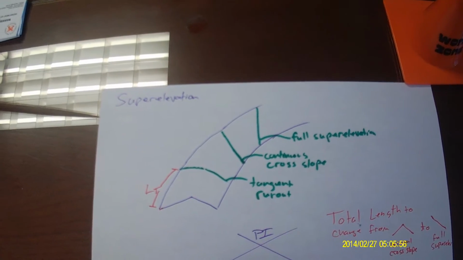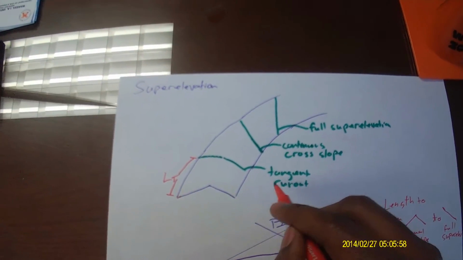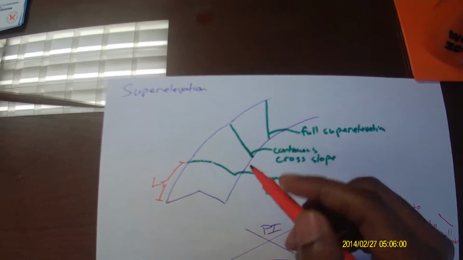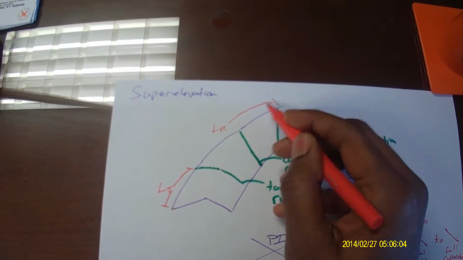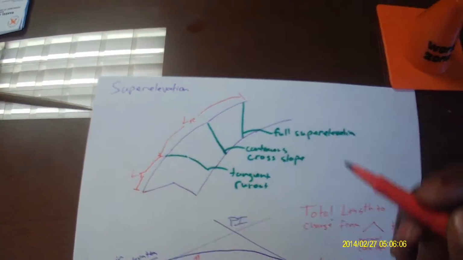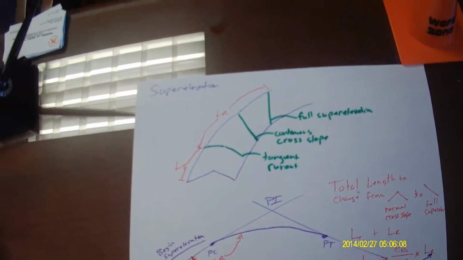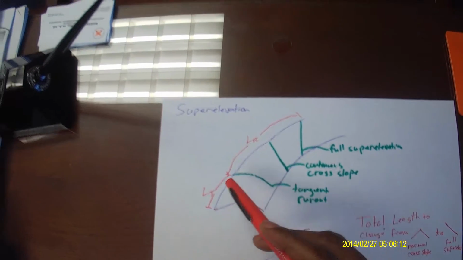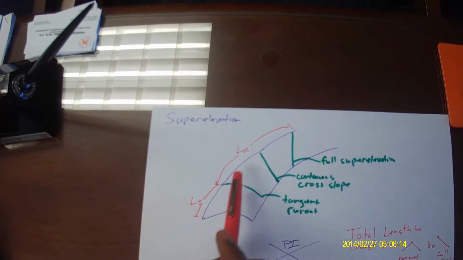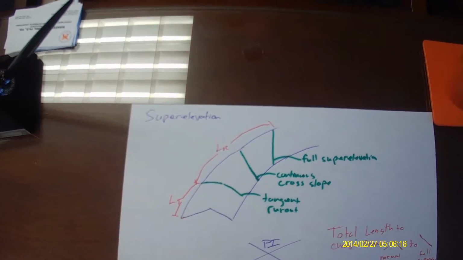And your L sub R is the distance from the tangent runout to a full super elevation. So your L sub R is the distance from here to here. Now it's weird because the only way you can figure out what your L sub t is, is if you know what L sub R is. So you got to kind of work backwards.